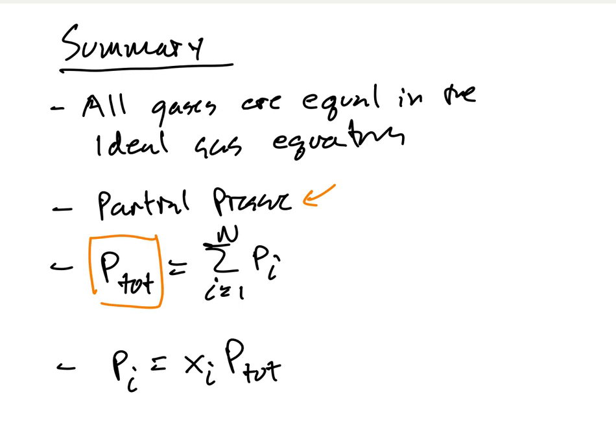We saw how we can use this equation to help us solve a couple examples. And of course, we introduced this concept of mole fraction as another helpful tool in discussing and examining this relationship between total pressure and the pressure of a given component, the partial pressure of a given component in a mixture.